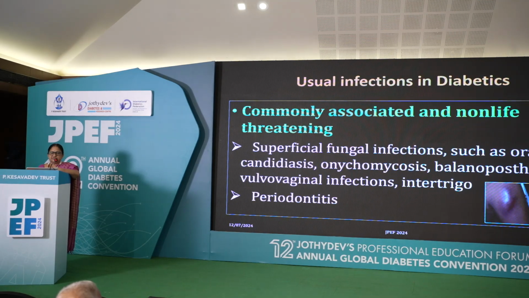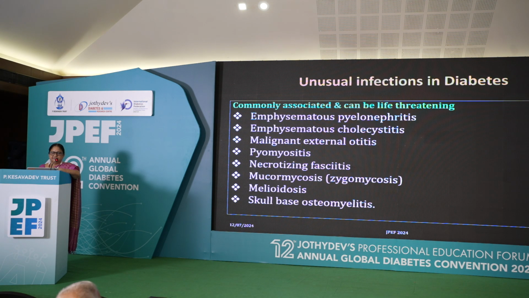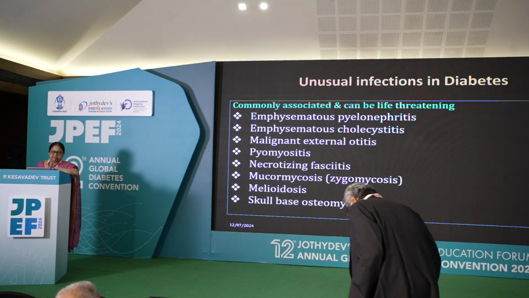The usual infections are fungal infections, oral candidiasis and the like, as well as periodontitis. Periodontitis is not very life-threatening, but it is very much associated with the progression of diabetes and diabetic cardiovascular disease. These are the unusual infections I have already listed, and I will be showing cases and some of the practical experiences we have in managing these patients.